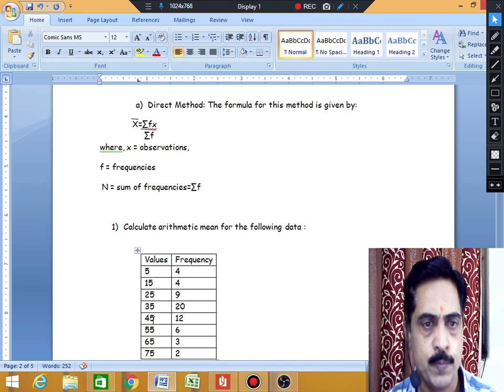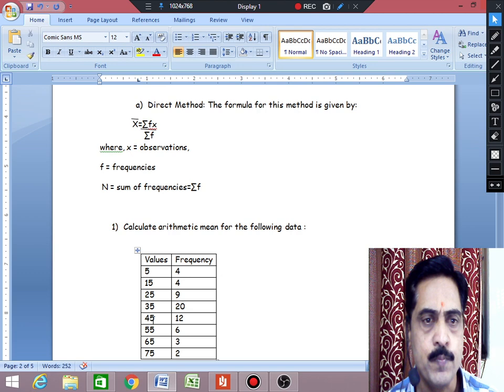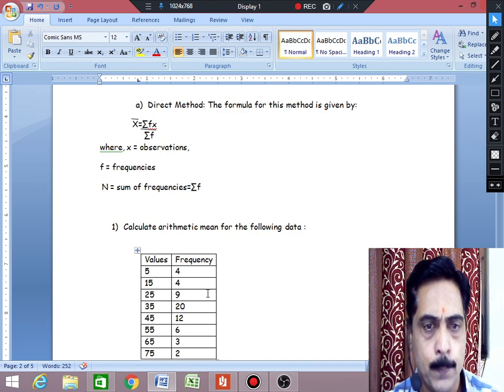We have to construct a new column in addition to the given columns, that is the fx column. Let us solve the problem by using this formula.